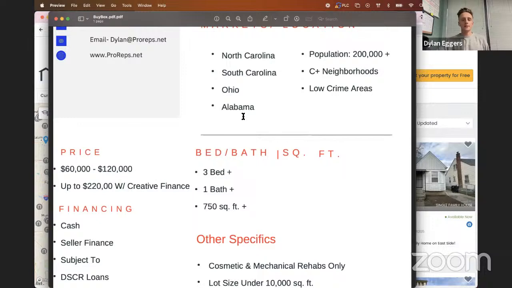Gerardo says, can you explain Section 8 property? So Section 8 is the government's answer to low income families and individuals to help them find housing. You have to make under a certain amount of money every year, and the government will essentially help pay for your rent, right? So you apply through Section 8.